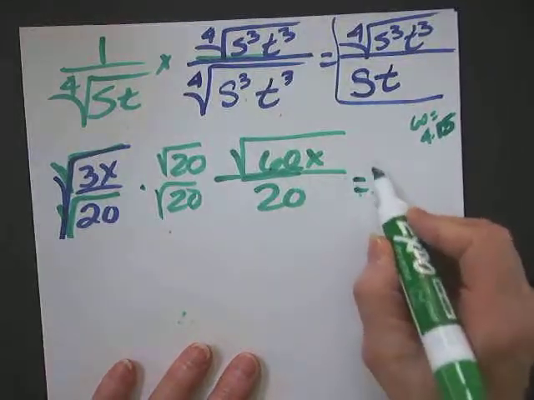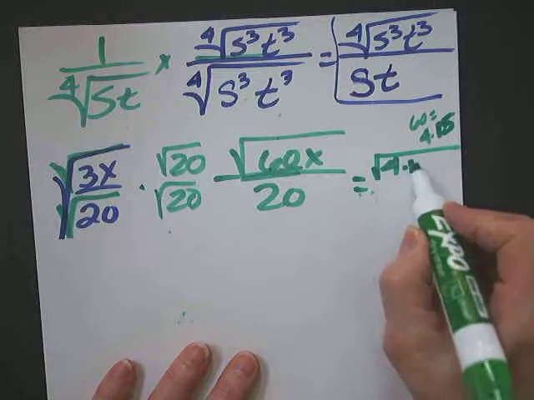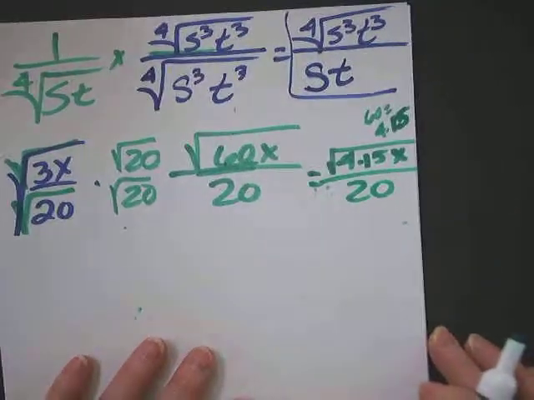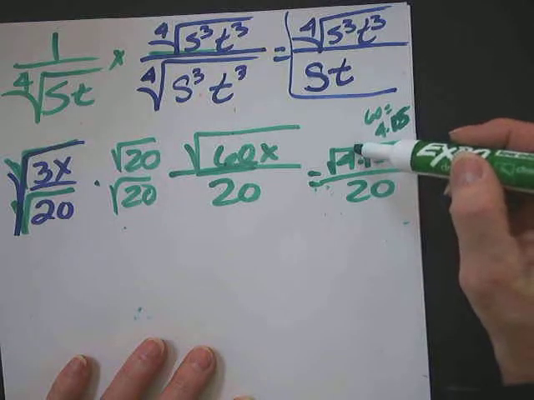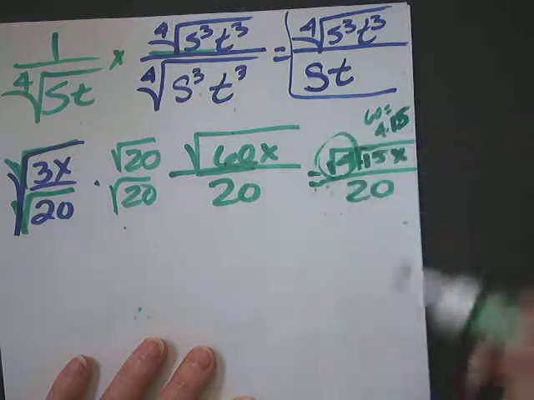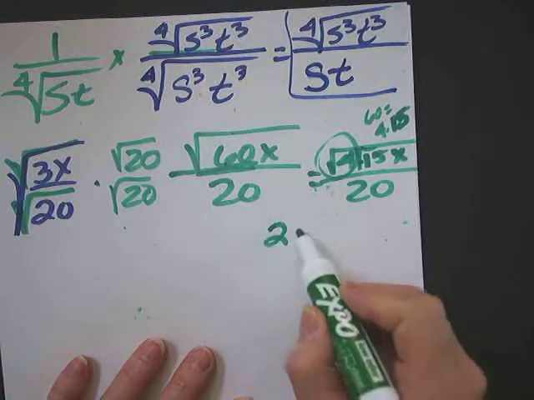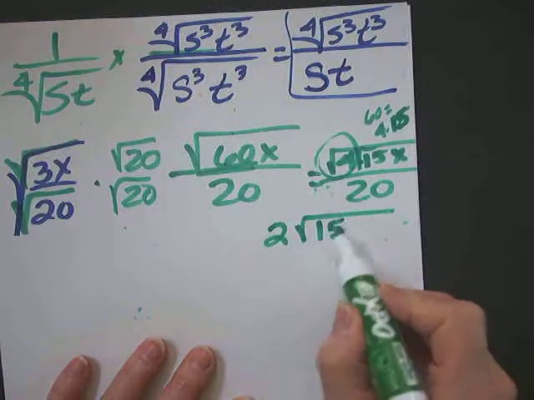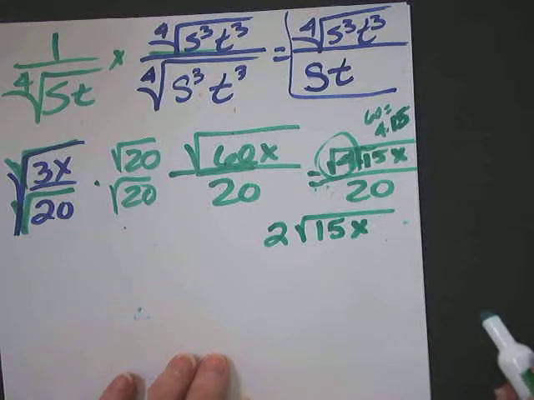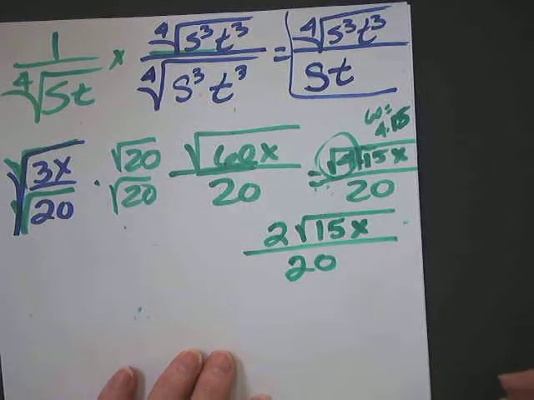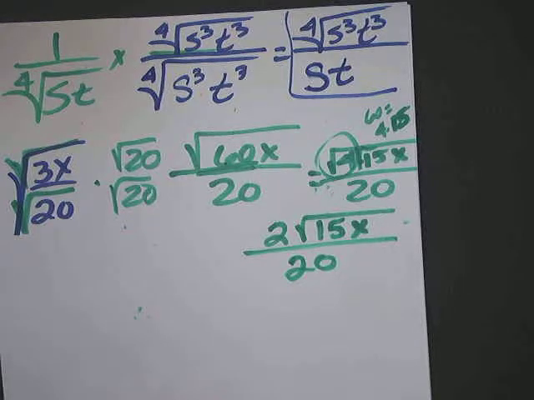We know for sure 4 will. Is there anything bigger possibly? 4 times what? 15. Okay, 15 is not going to break down into anything else. So we're going to break this down into 4 times 15.